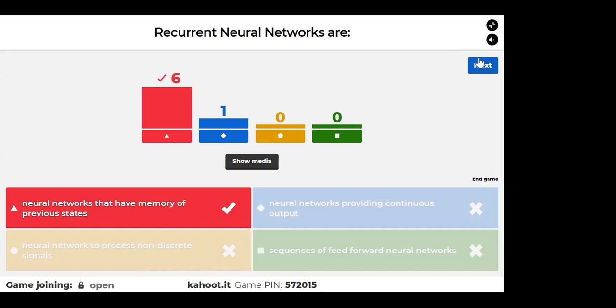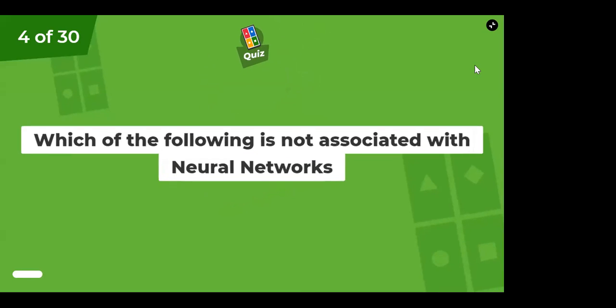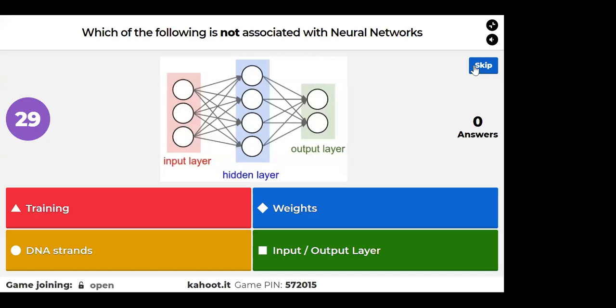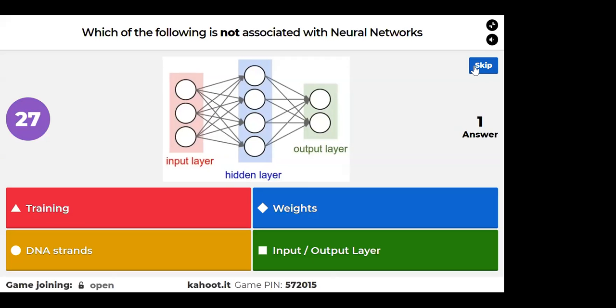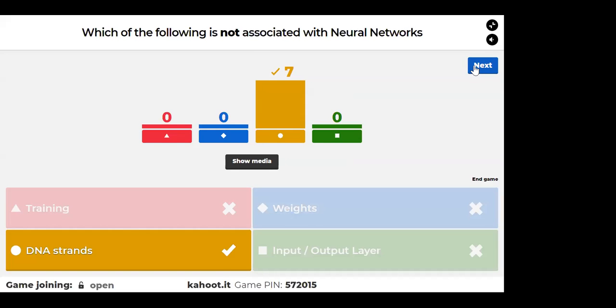Yep. So the neural networks have memory of the previous states. That's what RNNs are. That's correct.